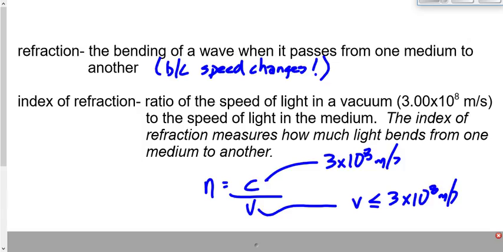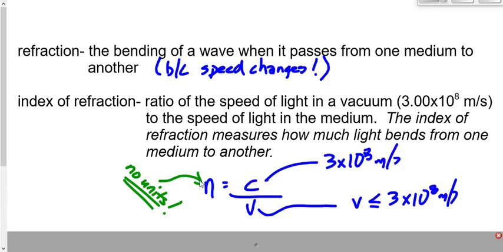If it's in ice or water, it slows down not quite as much as it slows down in glass or diamond. V will always be, at most, the speed of light in air or a vacuum, but usually lower than that. Because we're dividing speed by speed, there are no units associated with the index of refraction. It's just a number.